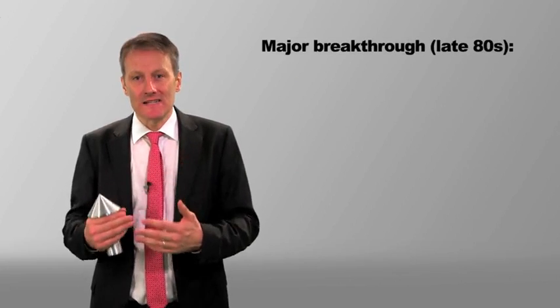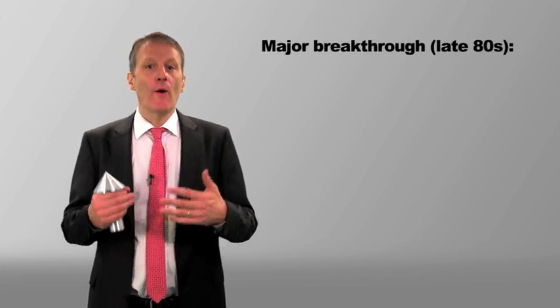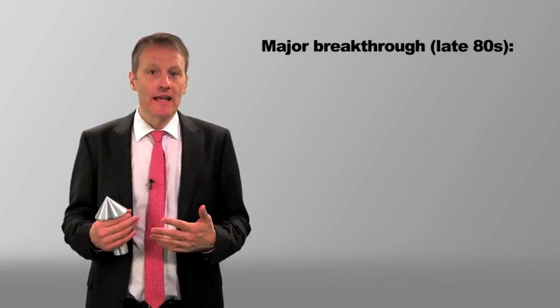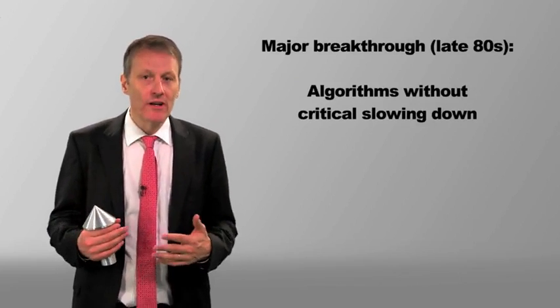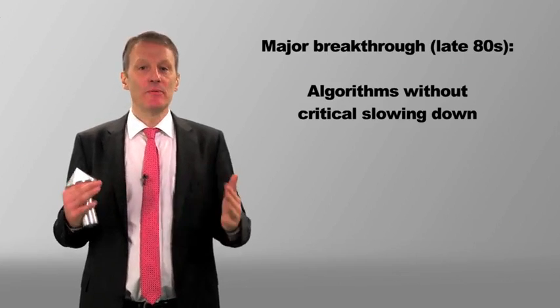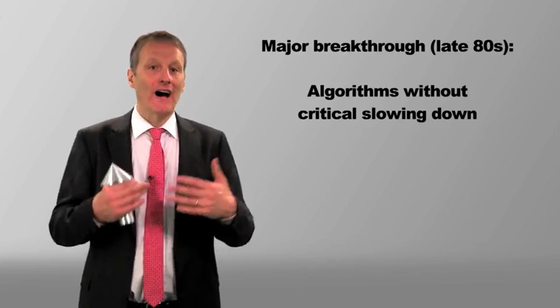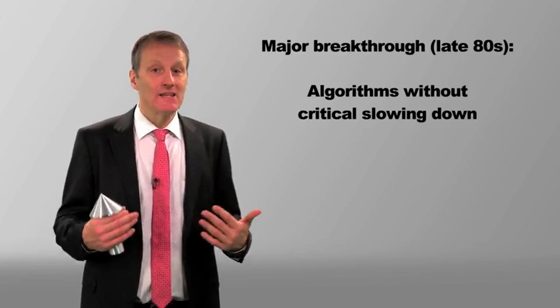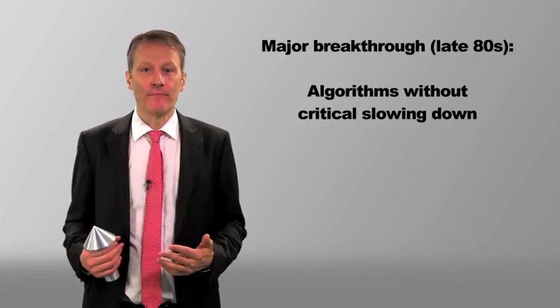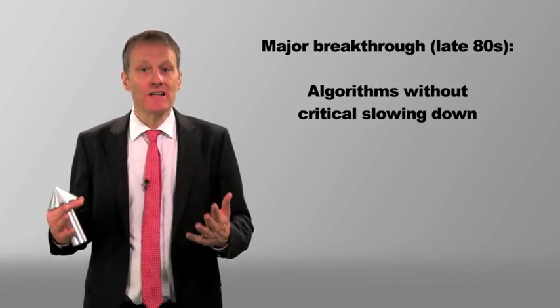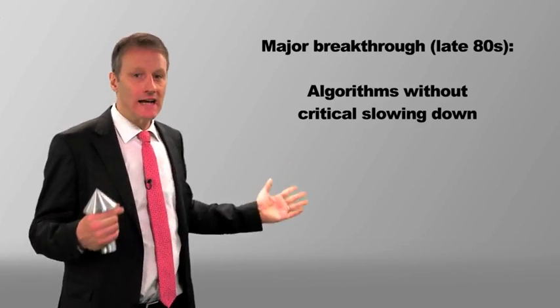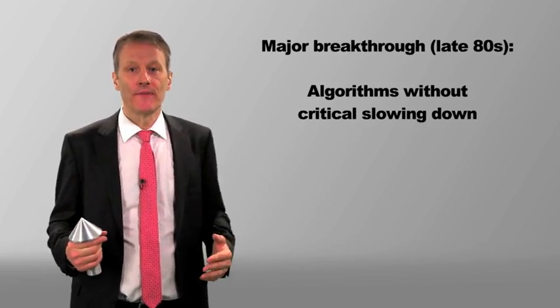The second crucial period of Monte Carlo calculations came in the late 1980s, when it was found out that critical slowing down was not an inescapable fate for algorithms as it is for experiment. And this was realized when the first cluster algorithms came out.